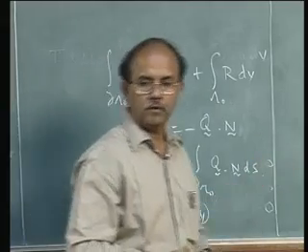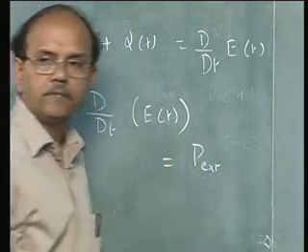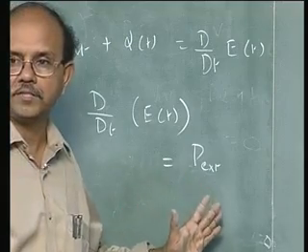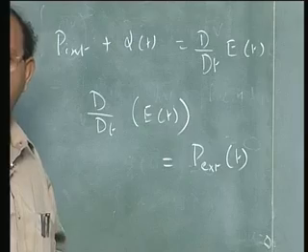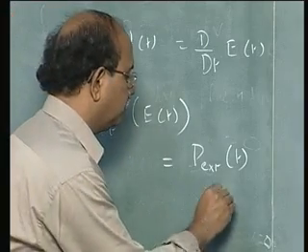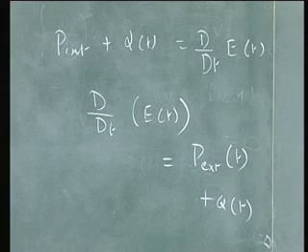The first term is P external, the work done by the external forces, which as a rate is a rate quantity, plus the Q term that goes in.